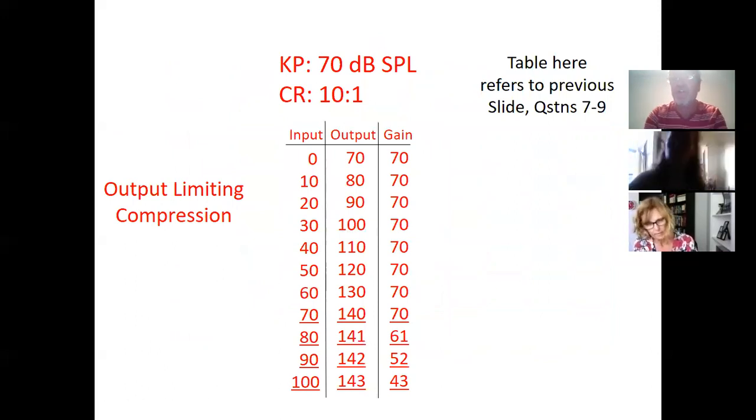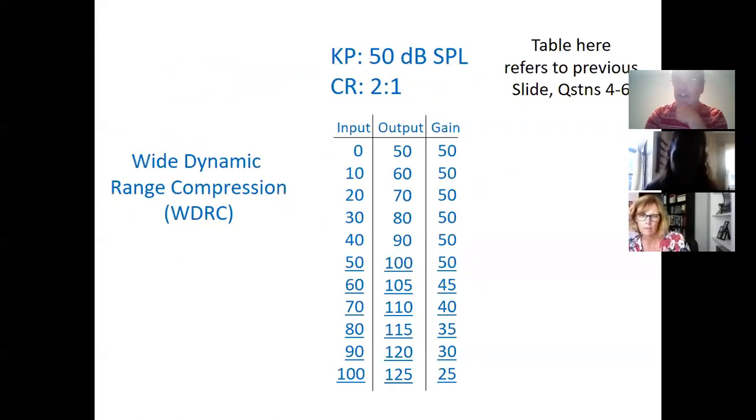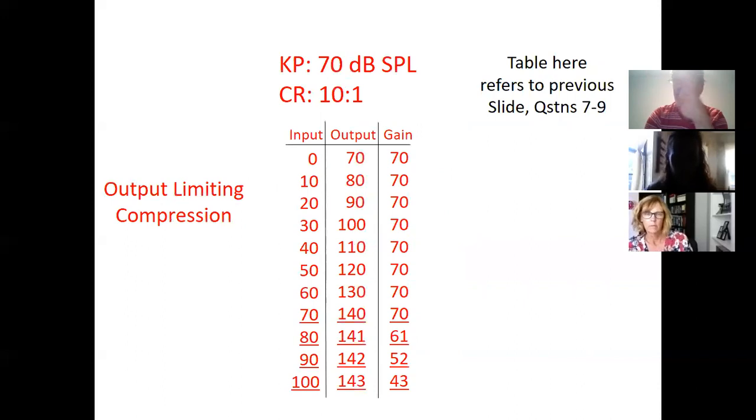Now we've discussed in blue here, this is WDRC, and in red here, this is compression output limiting. And it doesn't have to be like this. It could be a different gain. It can be a different hearing aid, but the concepts are the same.